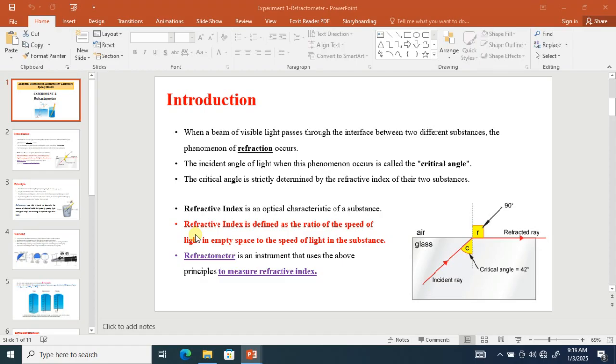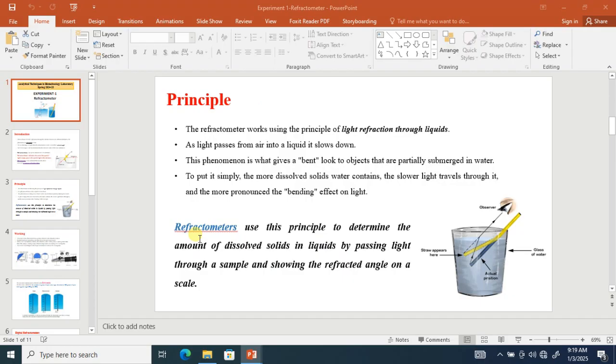By this refractive index, we are able to understand the optical properties of a particular solution or substance, depending on whatever medium you are considering. The principle of refractive index measurement is that whenever we put any sample, it will detect the bending of the light. Depending on the degree of bending, the refraction of light will vary.